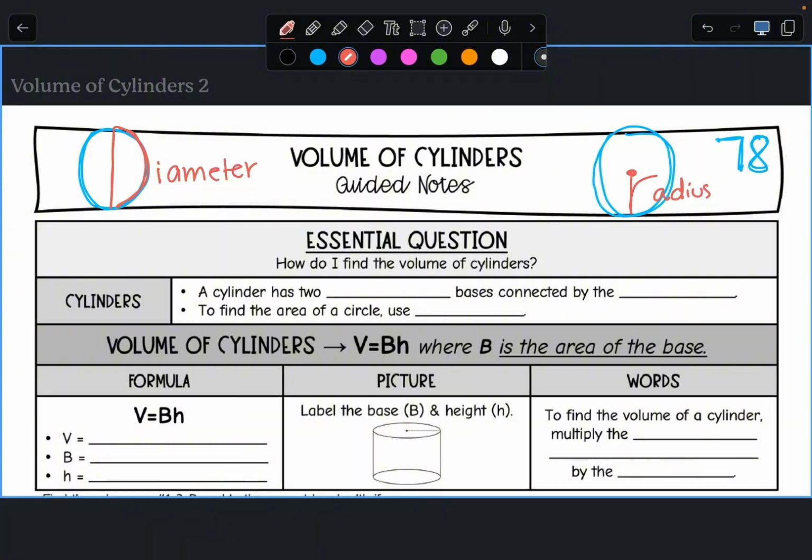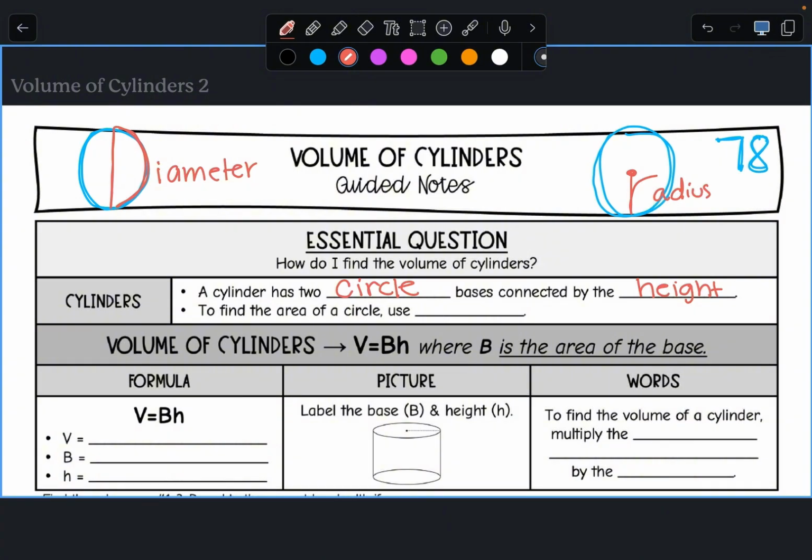Now, a cylinder is a shape we've already seen at the end of the last unit. It has two circle bases, connected by the height. Remember, once you shade your bases, you find the height.